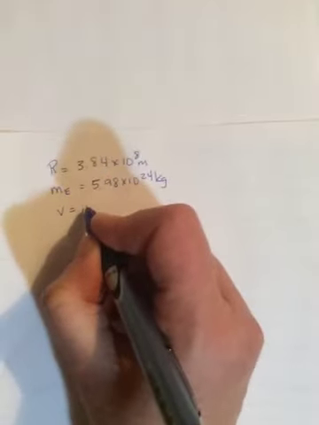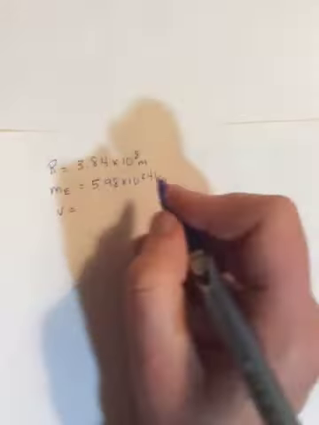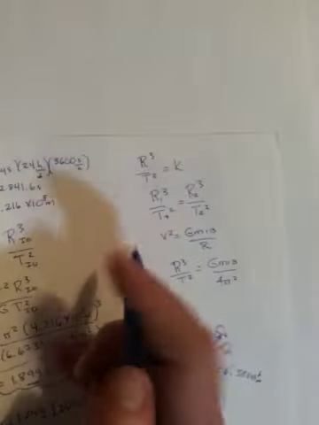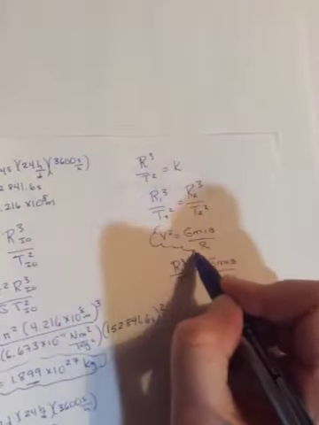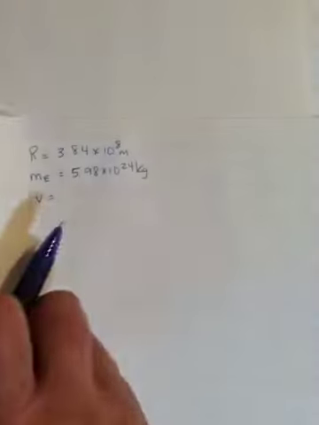And if we're looking for V, then the easiest one to use is this guy. V squared is equal to G, mass of the central body, over R. Okay?